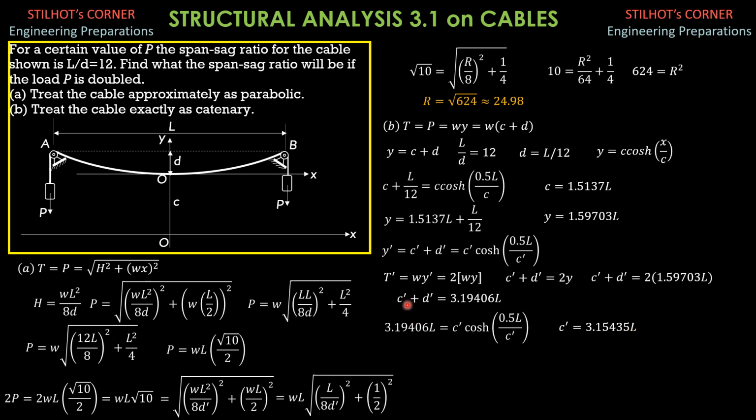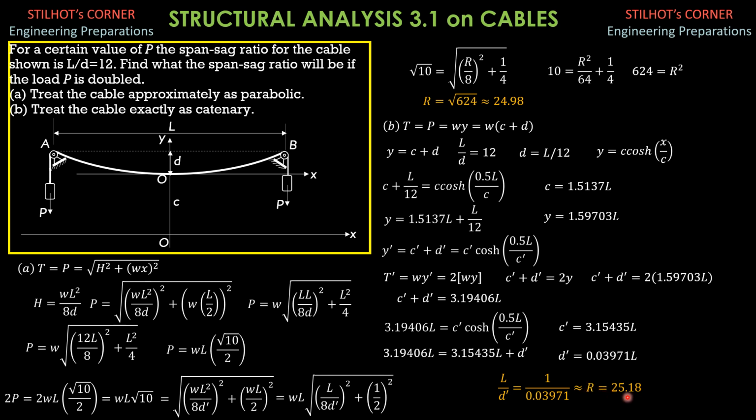Then we substitute it here. 3.19406 L is C prime, which is equal to this plus D prime, so that we can solve for D prime. So 3.19406 L equals 3.15435 L plus D prime. So D prime, therefore, in terms of L is 0.03971 of L. So that means L over D prime is 1 over 0.03971, and that is approximately equal to 25.18.